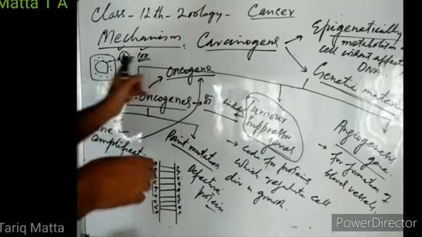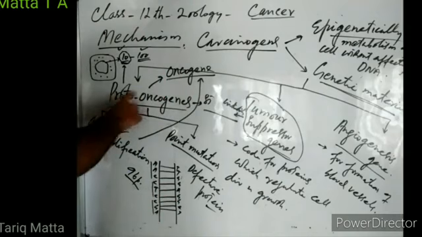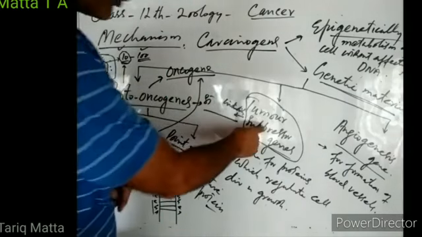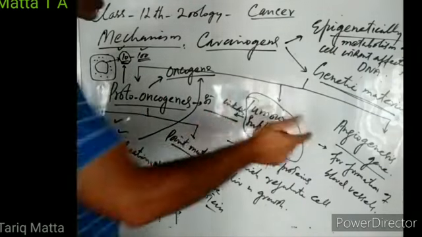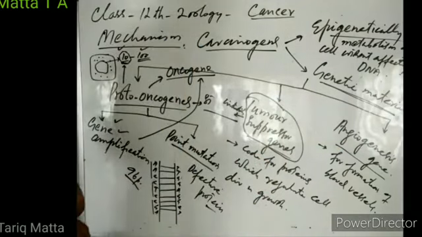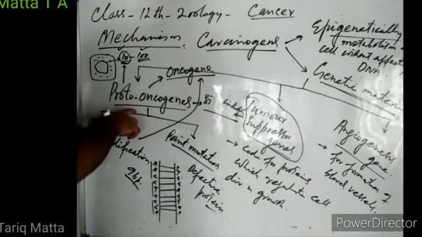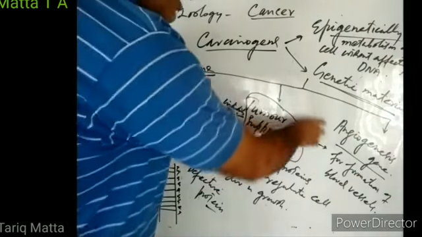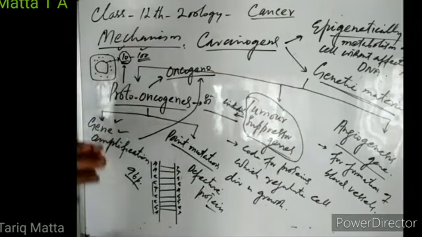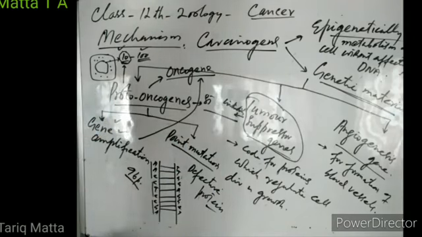So cancers do not occur only by mutation of proto-oncogenes, only by mutation of tumor suppressor genes, or only by mutation of the angiogenesis gene. For a cancer to occur, proto-oncogenes, tumor suppressor genes, and angiogenesis genes must simultaneously get mutated.